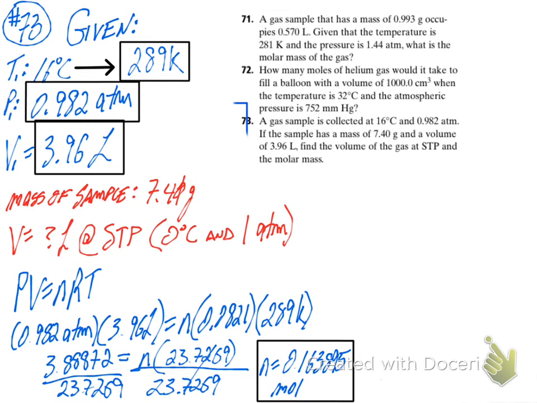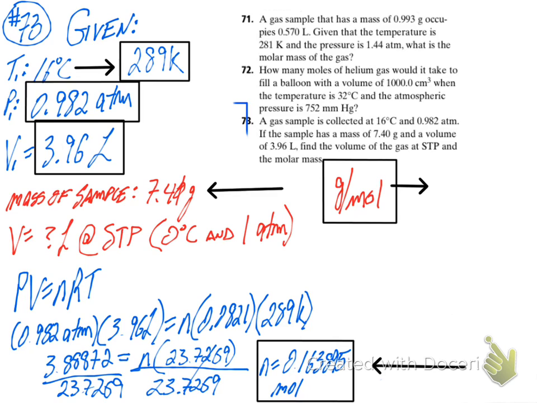And like we did in number 71, we've got to remember that grams per mole, that's what we're given. So going back to what I'm given, a mass of the sample, and that's key, of 7.40 grams. And I'm given the number of moles contained in that sample of 0.163895. And I'm given a general formula of grams per mole.